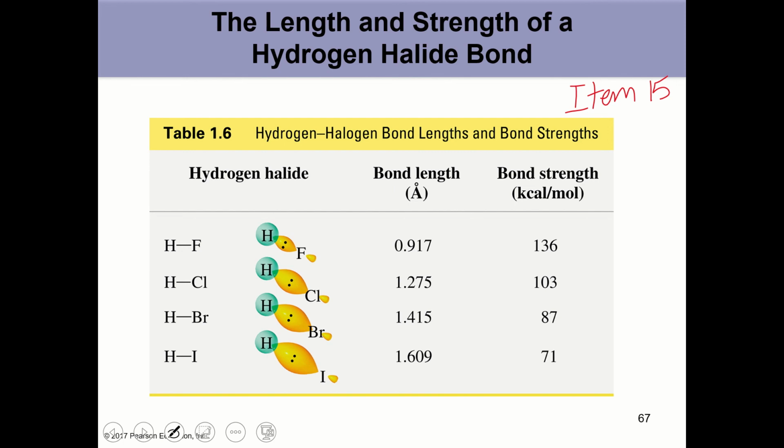When we go down to hydrogen chloride, the bond length is 1.609, a little bit less than twice as long as the HF bond, and the strength is almost half that of the HF bond at 71.